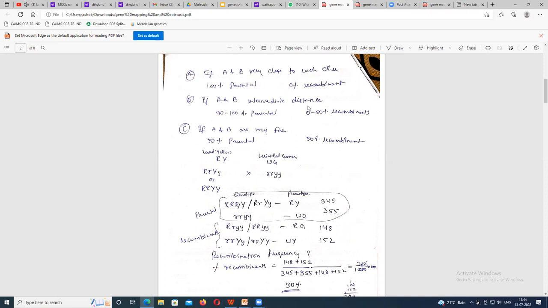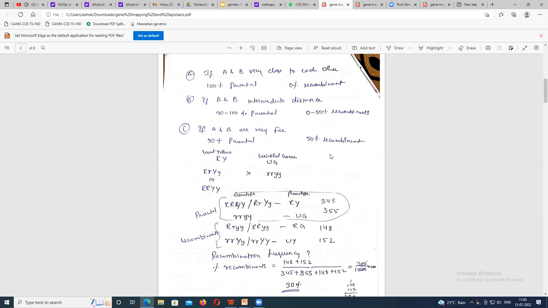And if A and B are at intermediate distance, there is a possibility of recombination. What is the percentage of recombination here? It can be anything from 0 to 50%. So parental combination will be 50 to 100%. And if A and B are very far, then 50% recombinants and 50% parental will be there.